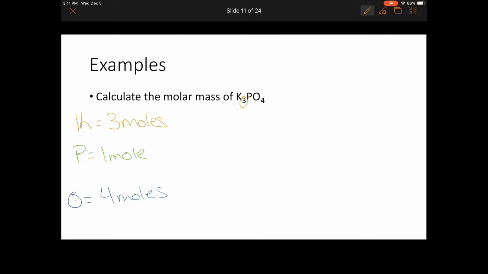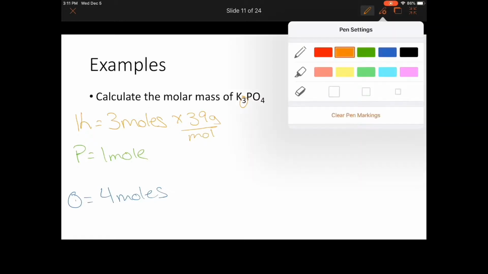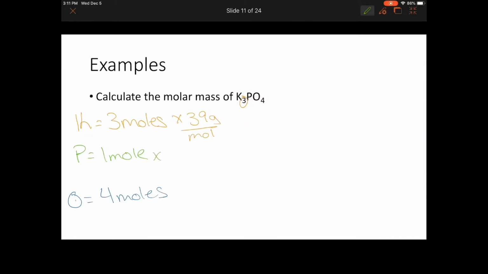Now we have to multiply them by their molecular mass. Potassium's mass is 39. Phosphorus's mass is 31. And oxygen's mass is 16.